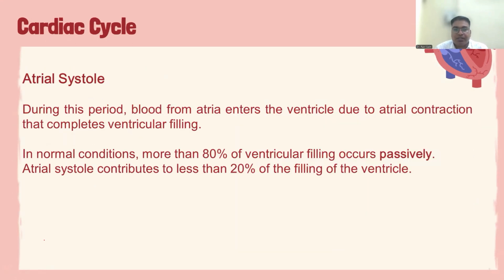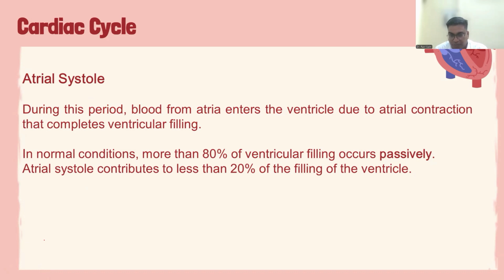Now come to the atrial systole. So basically, in the atrial systole, blood enters from atria into the ventricle. But the important part is that almost 80% of ventricular filling occurs passively, and the remaining 20% portion could be categorized into the active filling of the ventricle.